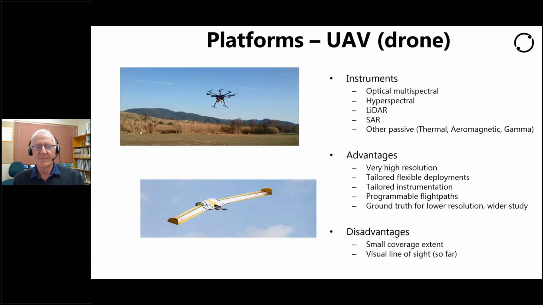You can tailor your deployments, put it up multiple times, just look at what you actually want to look at, program the flight lines, and of course you get very high resolution because you're quite close to the ground. I guess the disadvantages are that small extent, and at least at the moment in New Zealand, you're limited to a visual line of sight at this stage. So that may change over the next few decades.